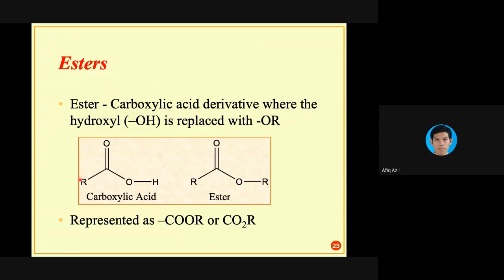Basically the difference is that on this side, in carboxylic acid you have H, but in an ester that H is replaced by R. So it is represented as C double bond O OR, or written COOR, or CO2R. This is the ester.